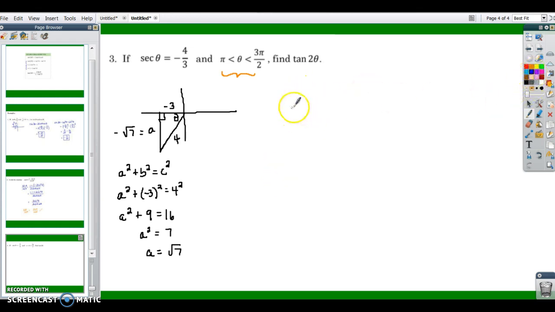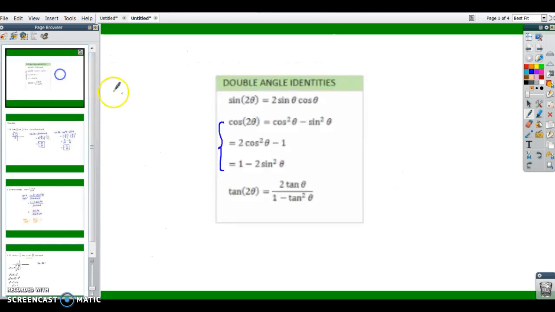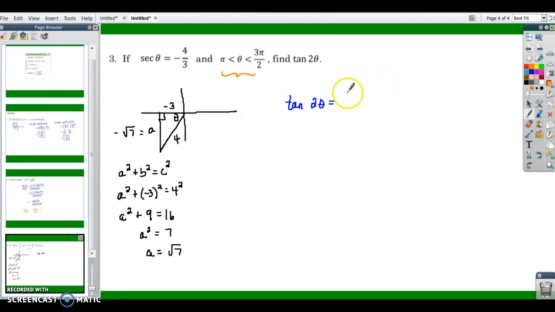Okay, so we're doing the tangent of 2 theta. And the formula for tangent of 2 theta is 2 tan theta over 1 minus tan squared theta.